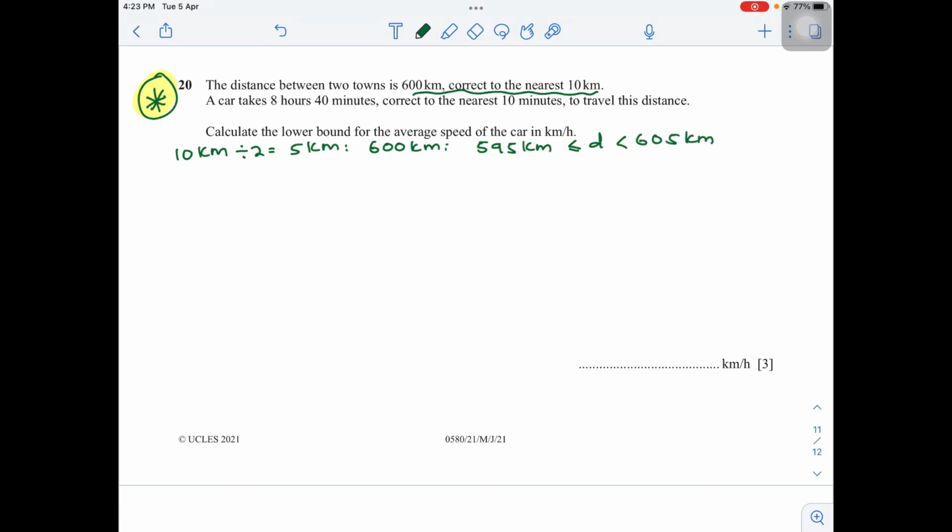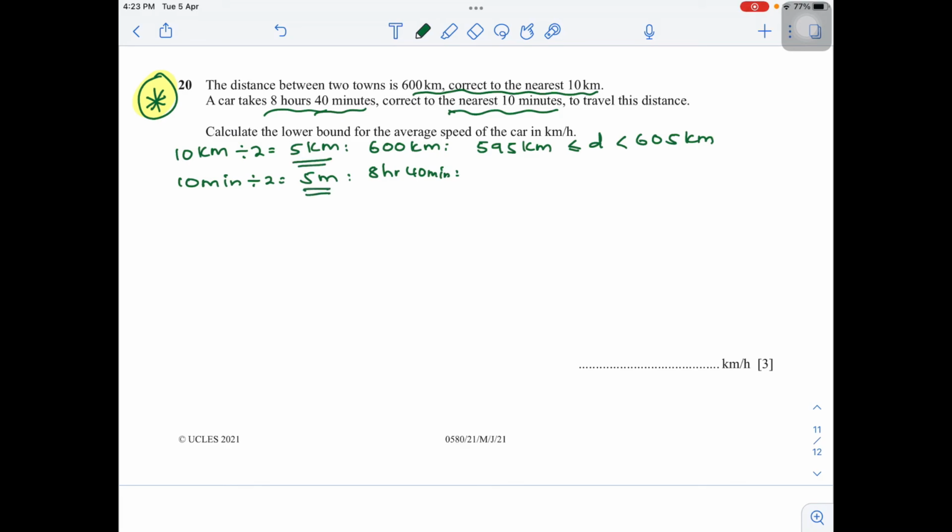All right, done. A car takes 8 hours 40 minutes, correct to the nearest 10 minutes, right? 10 minutes divided by 2 is 5 minutes. So the time is 8 hours 40 minutes, minus 5 for the lower bound and plus 5 for the upper bound.